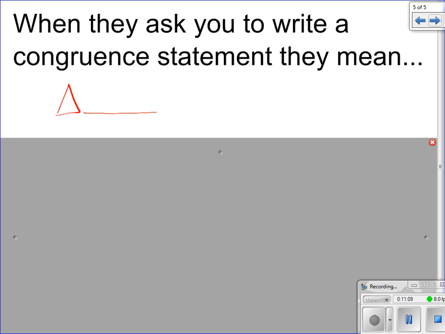Let's say it's a triangle. Could be A, B, C, X, Y, Z, whatever letters they give you. Just make sure that when you name the second one, that you put it in the same order that you had the first one. Okay, so anytime they ask for a congruent statement, that's what they're asking for. This polygon is congruent to this polygon, making sure that you have the appropriate letters.